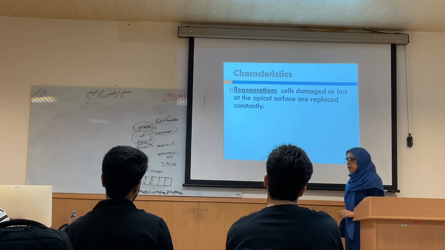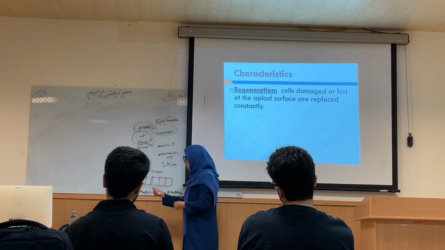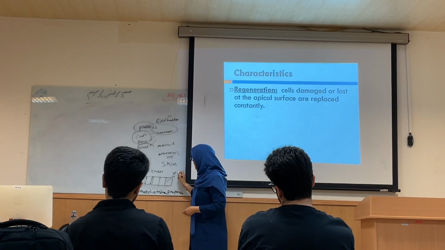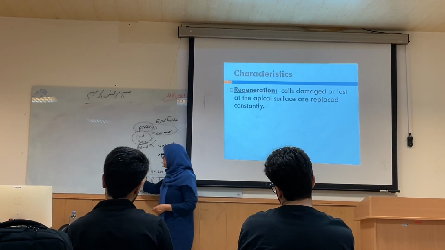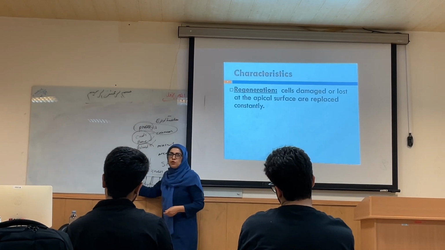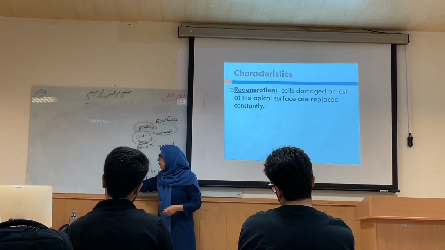Regeneration. Another fact in epithelial tissue. Again, in all parts, some cells are named basal cells. These cells are similar to stem cells. Yesterday, I talked about that. The stem cells have two main characteristics, including their mitosis.